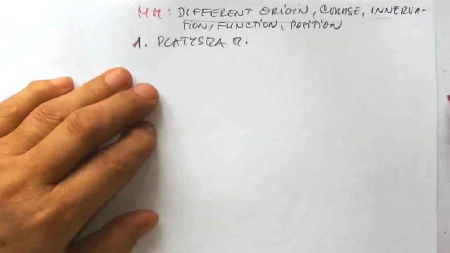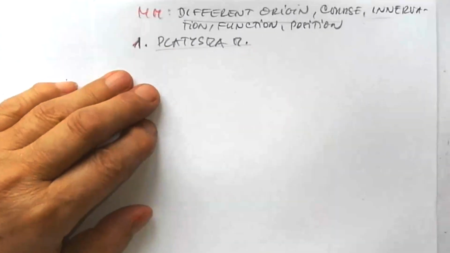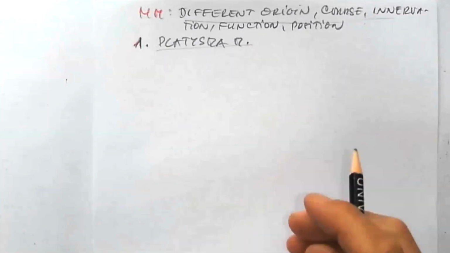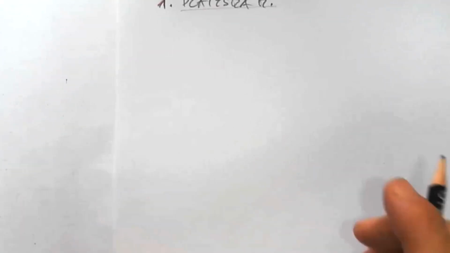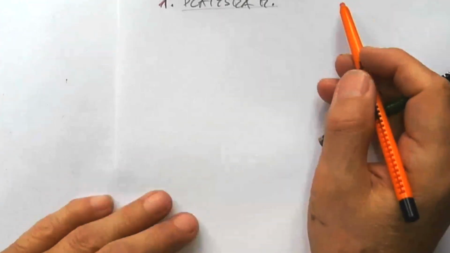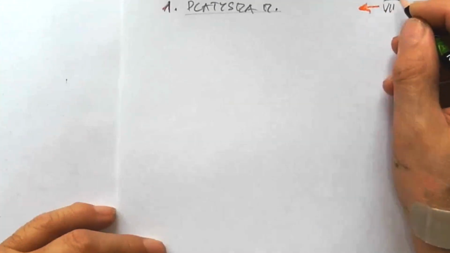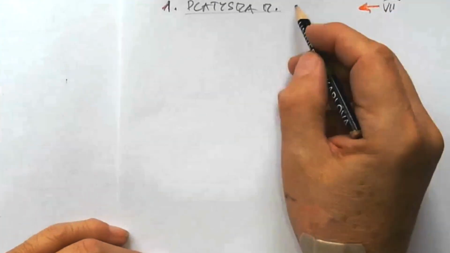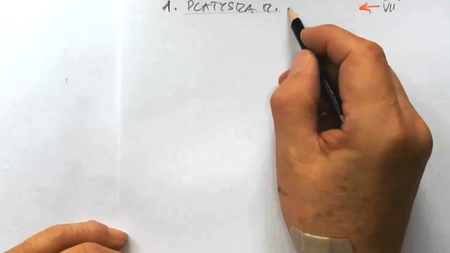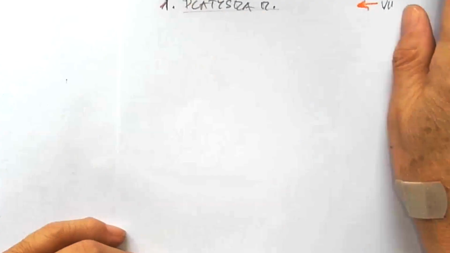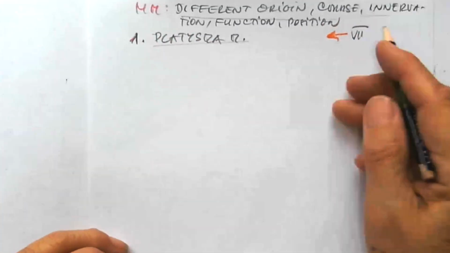So platysma is number one. For each muscle we would say just very quickly some characteristics, but what is more important is the innervation. So maybe we can put here number 7, because this is innervated by nerve number 7. It crosses the mandible, and it doesn't have any fascia.